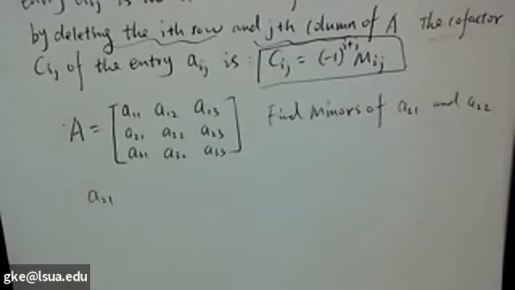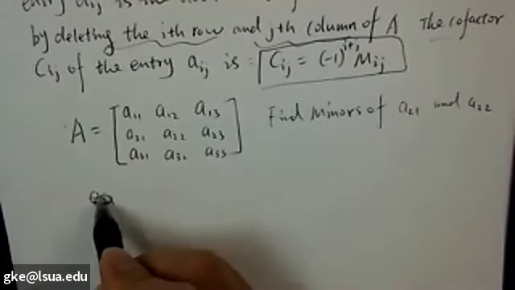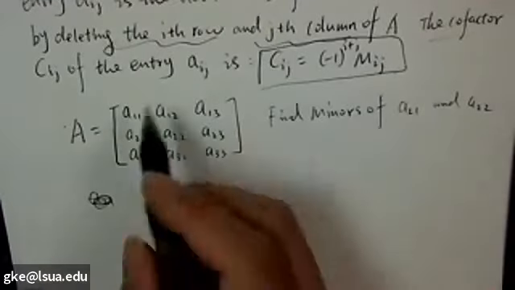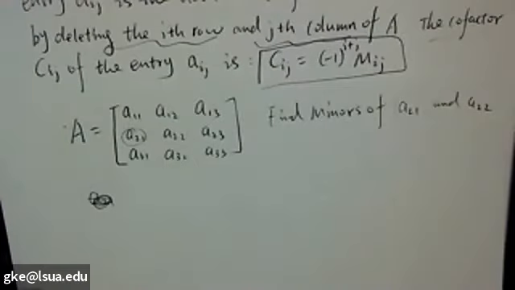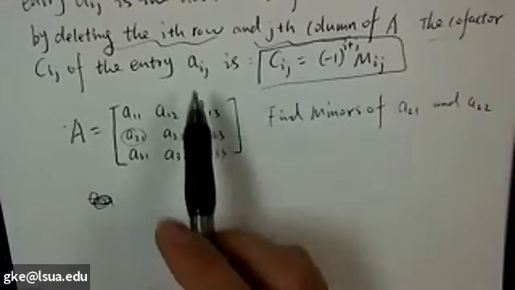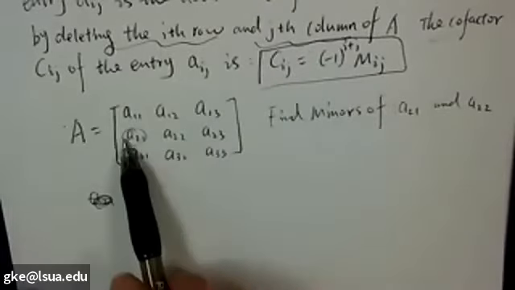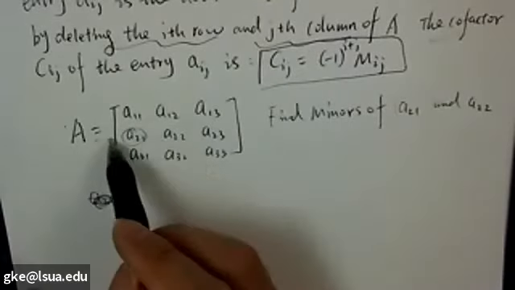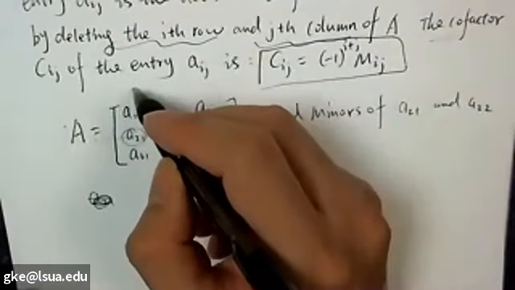So the first thing I need to find is A21. A21 is here. Okay, and what I'm going to do is delete the ith row and the jth column. The ith row is the second row and the first column.